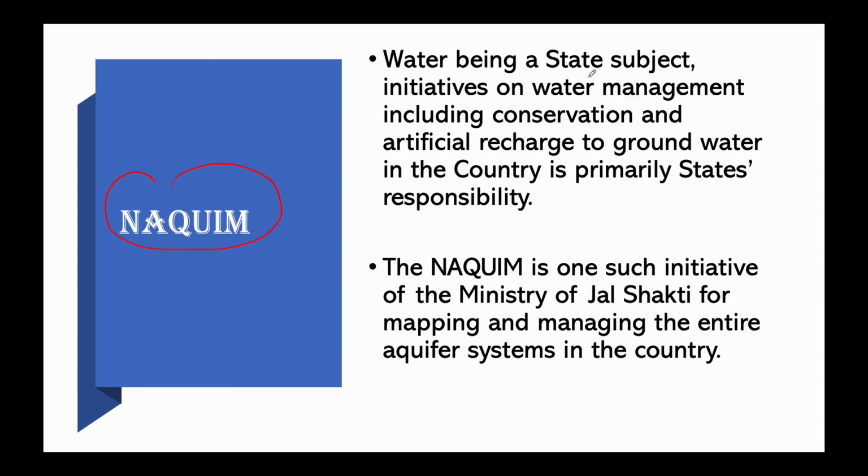Now talking about NAQUIM. See, water is a state subject, so all the decisions are usually taken by the states. All the initiatives on water management, which include conservation and even artificial recharge to groundwater, are primarily the state's responsibility. Now this NAQUIM is an initiative under the Ministry of Jal Shakti for mapping and managing the entire aquifer system in the country.